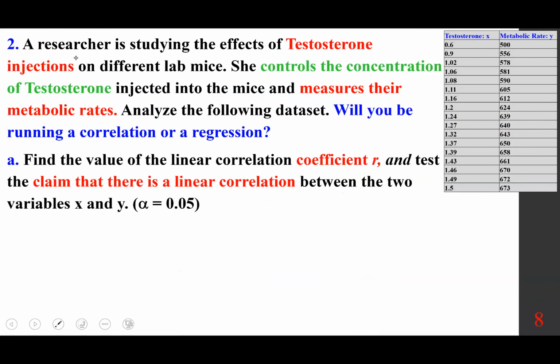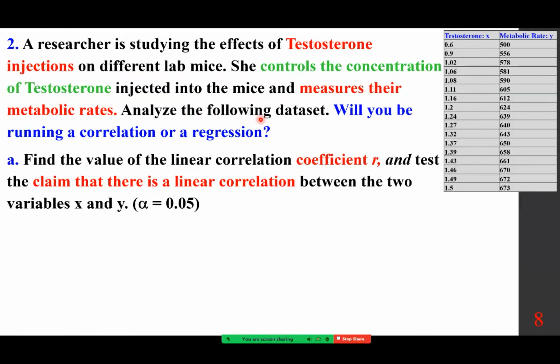Could somebody read this question, please? A researcher is studying the effects of testosterone injections on different lab mice. She controls the concentration of testosterone injected into the mice and measures their metabolic rates.